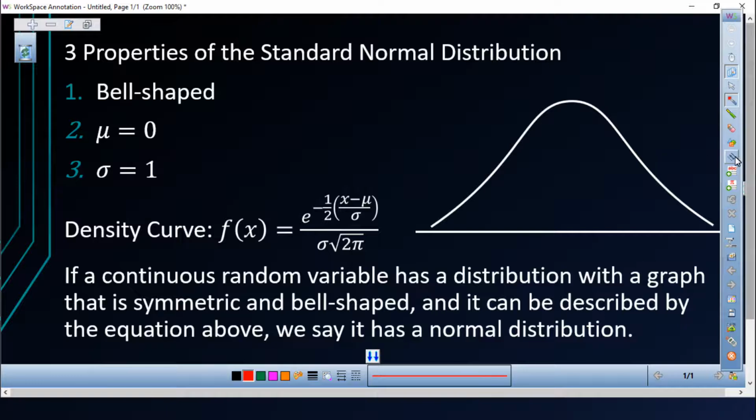And let me show you here. Right here, this is our mean, and it equals 0. It's been standardized, okay?